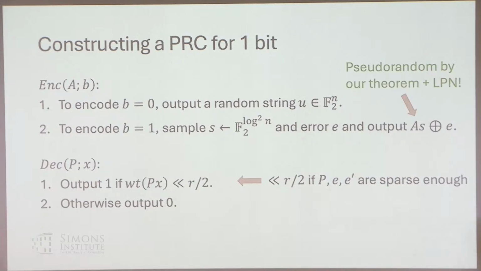And now if this was a random sample from our code, then this will have weight significantly less than the dimension over 2. On the other hand, if this was an unrelated vector, then the weight will be roughly r over 2. So this lets us decode efficiently. And this holds if the error has constant weight, and so this is why we can tolerate a constant rate of errors.